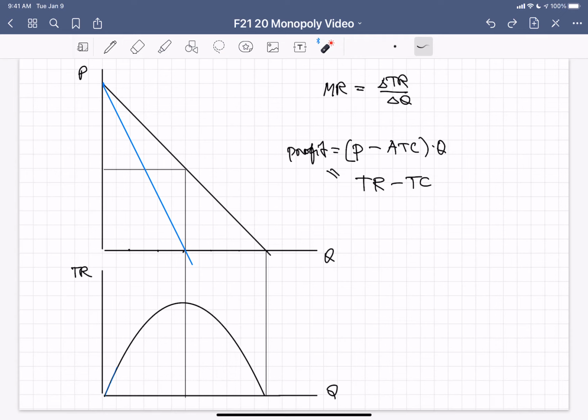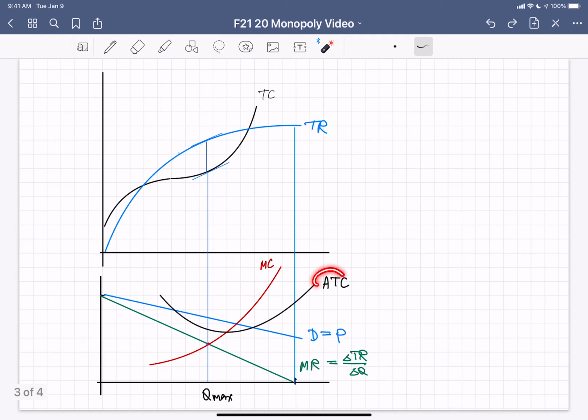And we're also going to use this formula and look at a diagram where we have ATC, price, and Q. But we also need other curves like MC and MR to figure out where this Q max is. And this discussion is very similar to what we did when we talked about perfect competition, but of course it's not exactly the same.